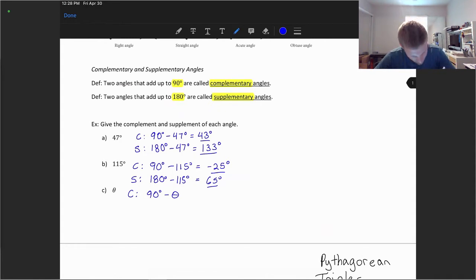And my supplement could just be 180 degrees minus my given angle theta. Whatever theta is equal to, I know its complement and supplement can be found by 90 minus theta or 180 minus theta, respectively. So that is complementary and supplementary angles.